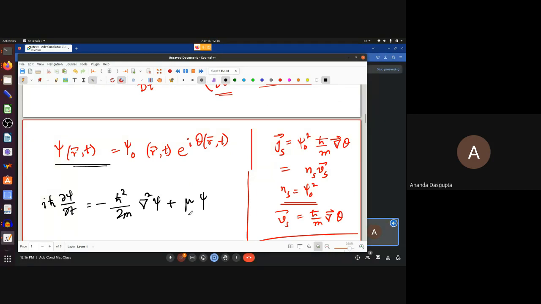So psi0 square would have given you the probability density for one atom, but because we're talking of n atoms, it's basically the number density of those n atoms. But only for the superfluid part, the part which is described by this wave function. I'm not saying that the other particles are exempt from quantum mechanics.